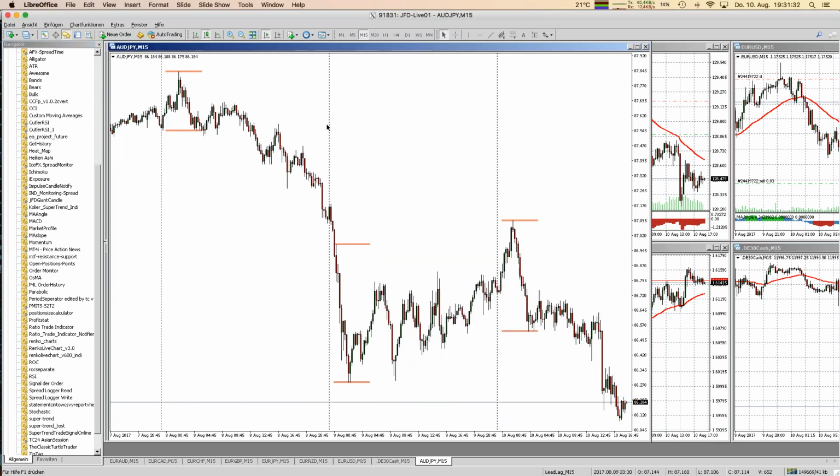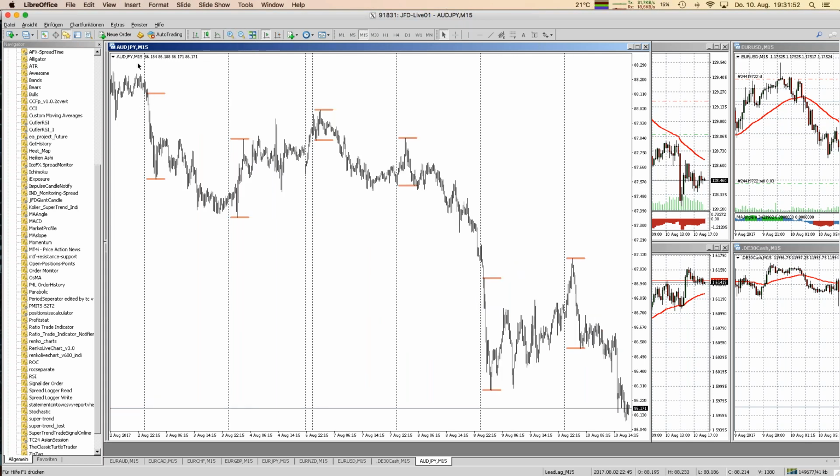Now I have activated the period separator. That means those vertical lines here are the end of the day, so midnight. And now you see exactly that range by 2 lines. And you can immediately see how the strategy would have worked, in this case with the underlying Australian dollar, Japanese yen.